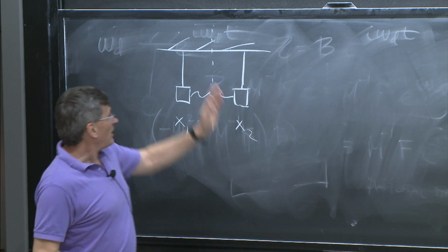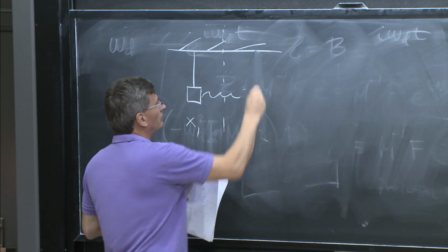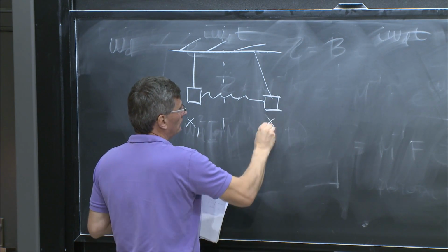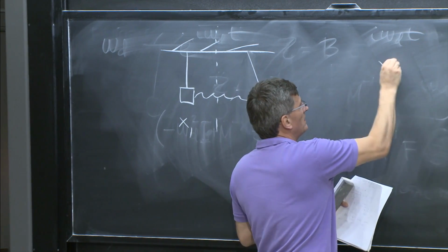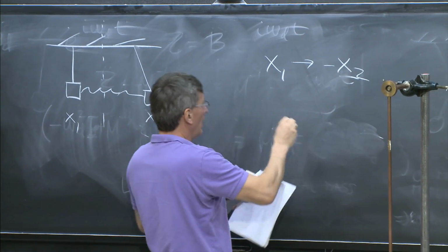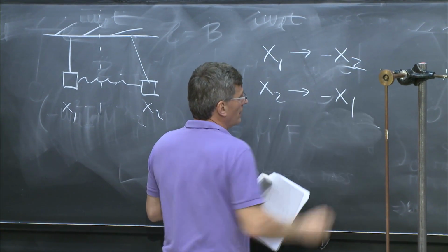If I take a reflection of the system, let's say this mass is displaced by some x2, and this one is at some x1. I do the following transposition: I replace x1 with minus x2 and x2 with minus x1.